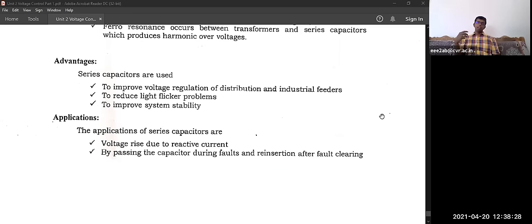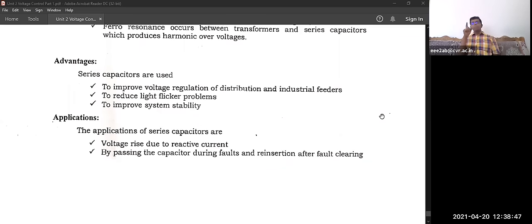Corona effect also will come, humming noise will be there, then losses and heat loss might be there. So there are many disadvantages.